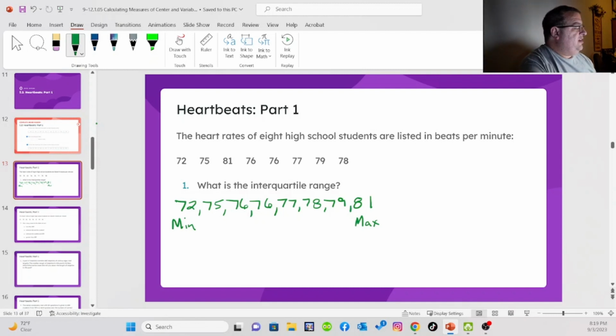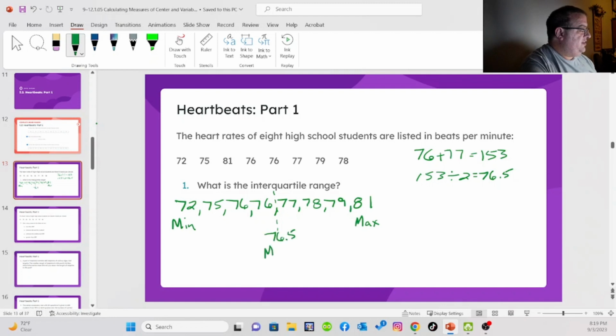We have 8 numbers in our data set, so we need to divide it in half right here. 76 plus 77 equals 153. 153 divided by 2 equals 76.5. So 76.5 is our median.